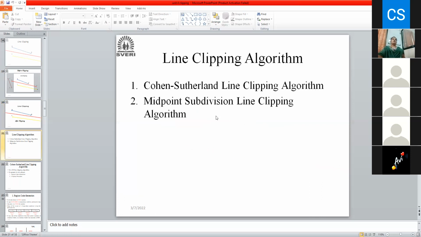So how to achieve that line clipping? It is done in 2 ways. The first method is called the Sutherland-Cohen or Cohen-Sutherland line clipping algorithm, and the second method is called the midpoint subdivision line clipping algorithm. So 2 algorithms are there for the same task of line clipping. Let us learn the first algorithm, the Sutherland-Cohen line clipping algorithm.